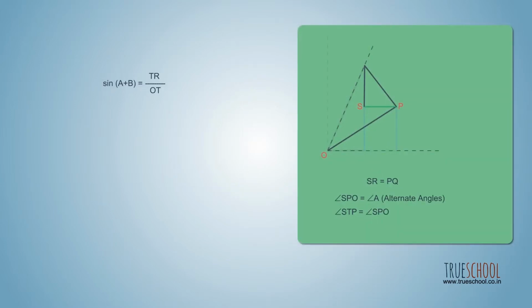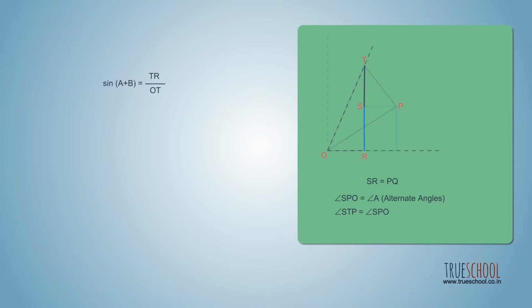So the relations we will be using in our analysis are SR equal to PQ, and angle STP is equal to angle A. Now we can find the trigonometric ratios of angle A using the lengths of sides of triangle STP apart from OPQ, and OTP for trigonometric ratios for angle B.